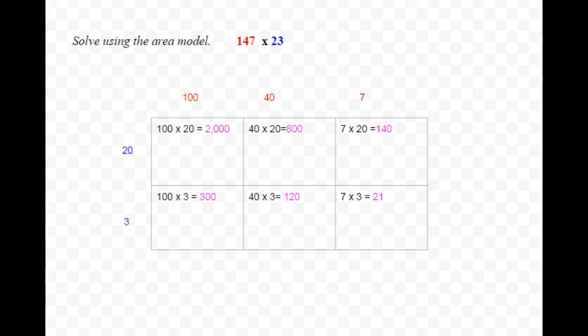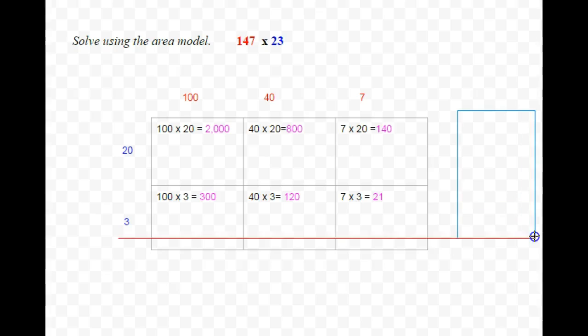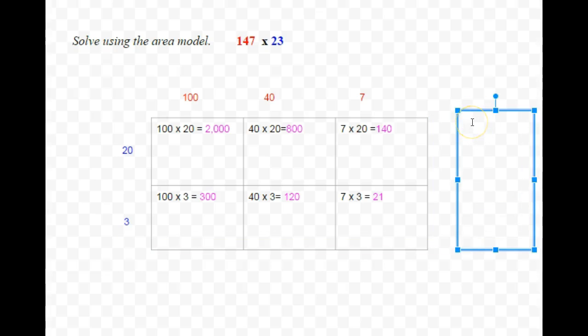What I can do in this box next to here is add all of them together.